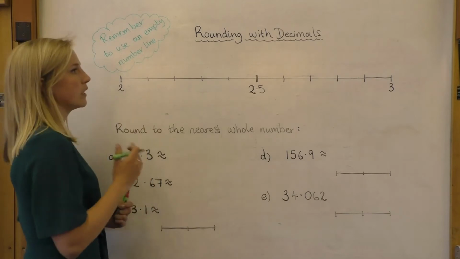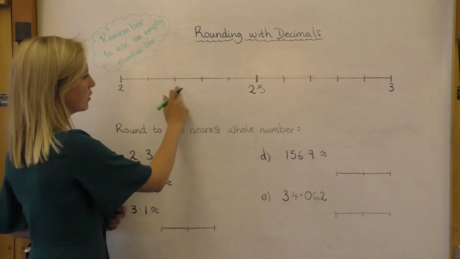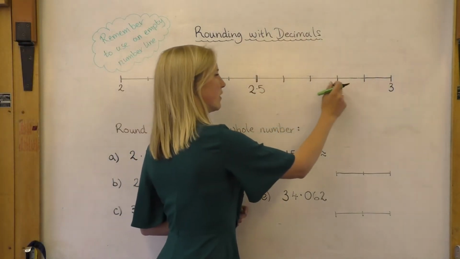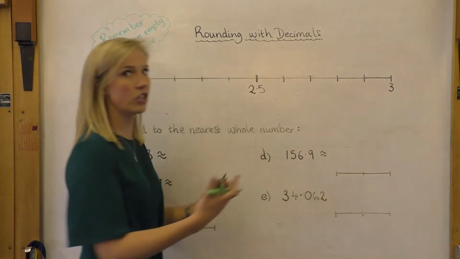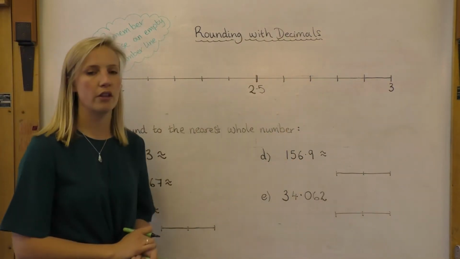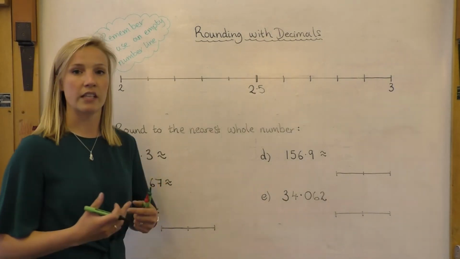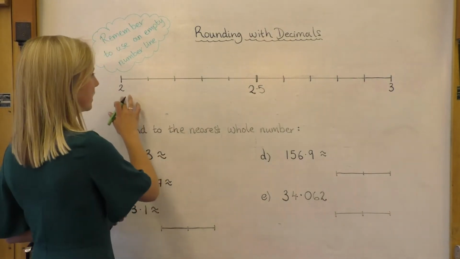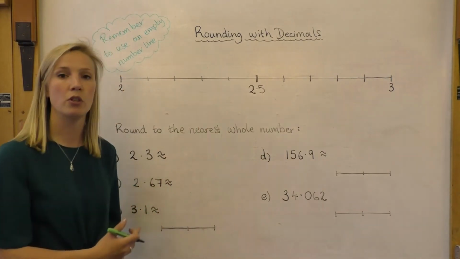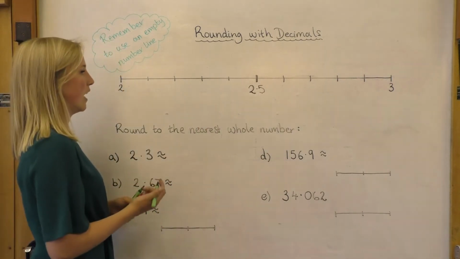We can see that from my number line as there's 1, 2, 3, 4, 5, 6, 7, 8, 9, 10 jumps between the number 2 and 3. And because it's in our decimal system, it's looking at having it as a base 10. So the gaps or the jumps between the number 2 and 3 are 10.